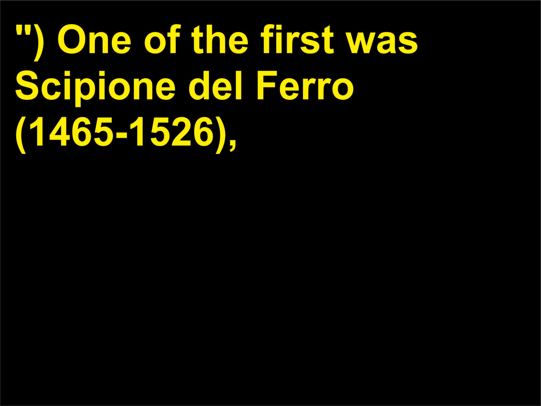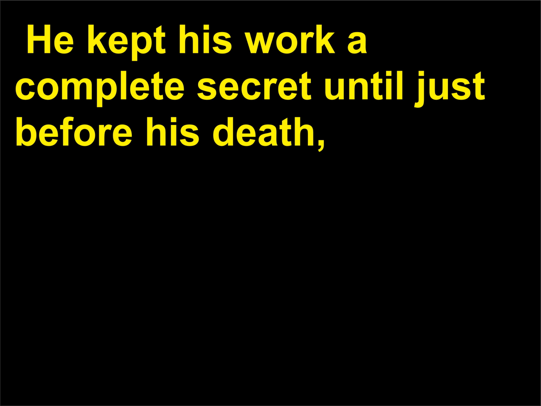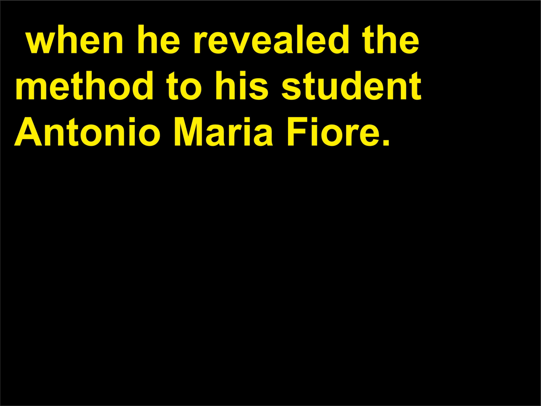One of the first was Scipione del Ferro, 1465 to 1526, who in 1515 discovered a formula to solve cubic equations. He kept his work a complete secret until just before his death, when he revealed the method to his student Antonio Maria Fiori.